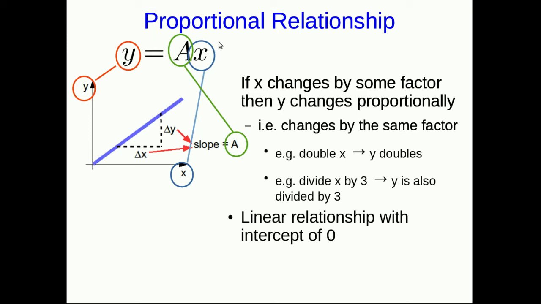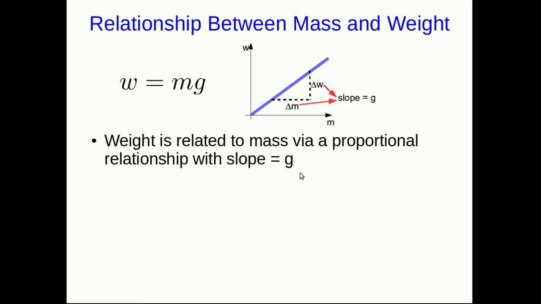So this equation, y equals ax, is saying that if you put y on your vertical axis and x on your horizontal axis, then you will get a straight line with a slope of a. And so now we see that this relationship between weight and mass is a proportionality relationship. The weight is related to the mass by a straight line relationship with slope g.